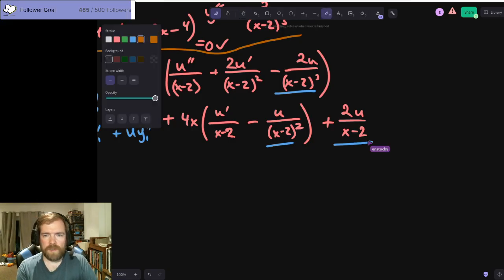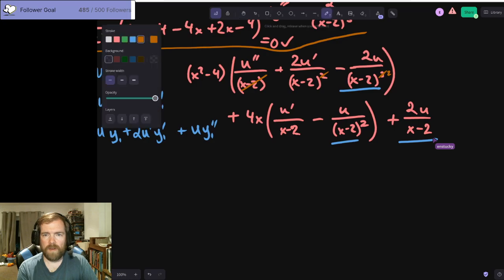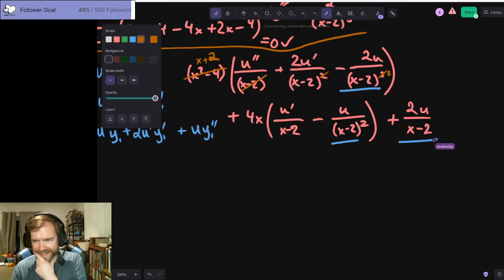Alright, so let's think about what this is doing. We've got x minus 2 from each of these things, which is going to go away, leaving an x plus 2, which then still needs to be multiplied in. Hopefully that does it. Because we get to multiply.